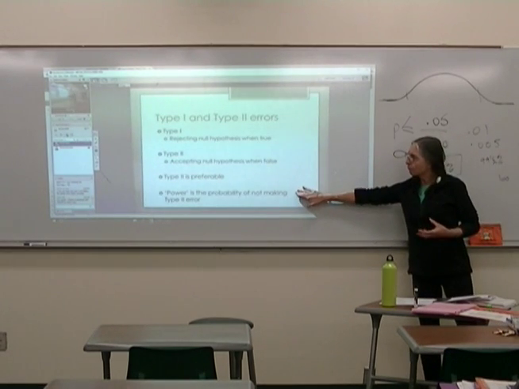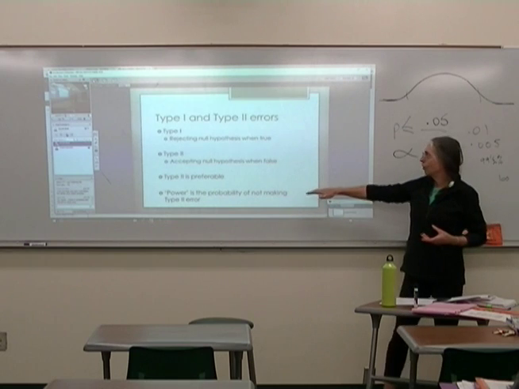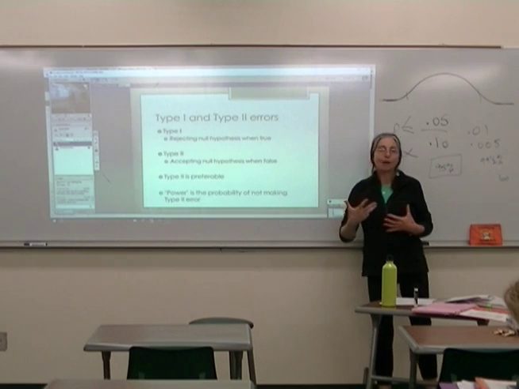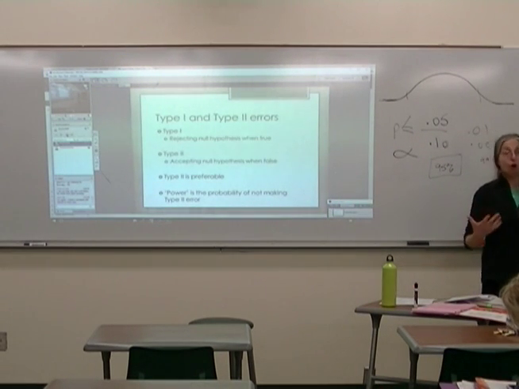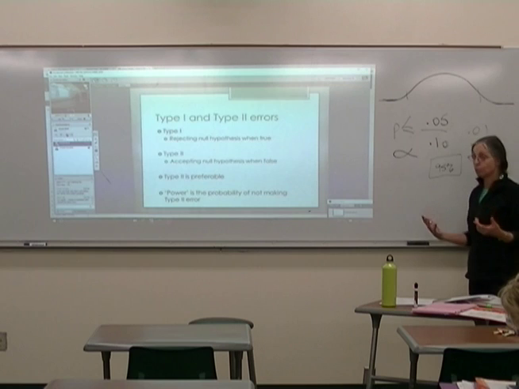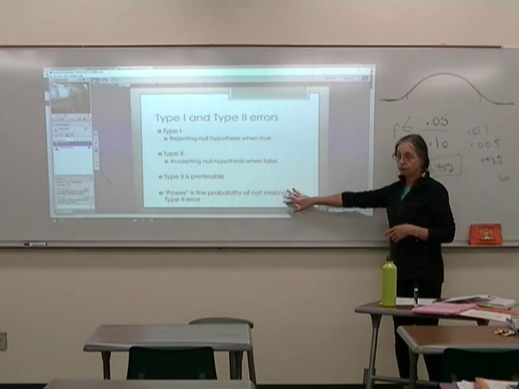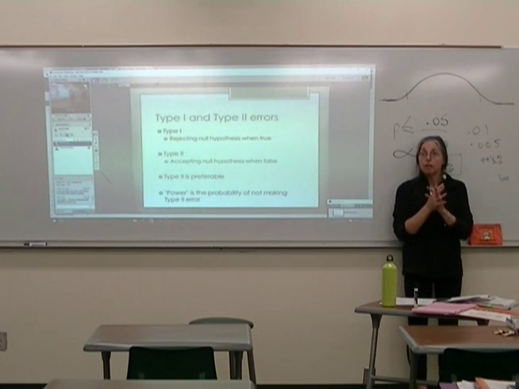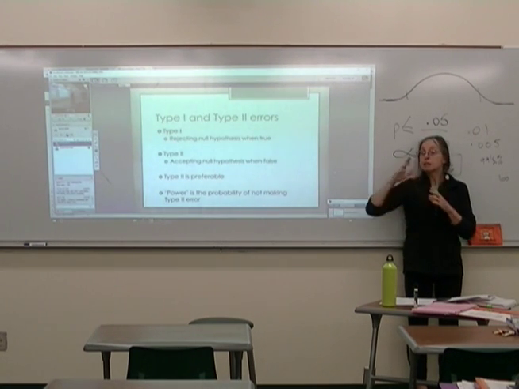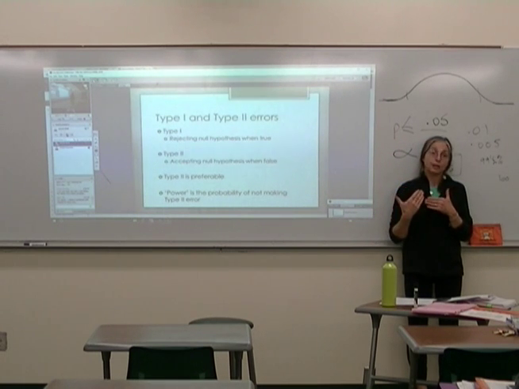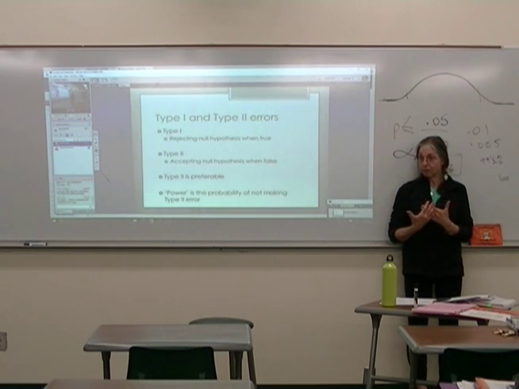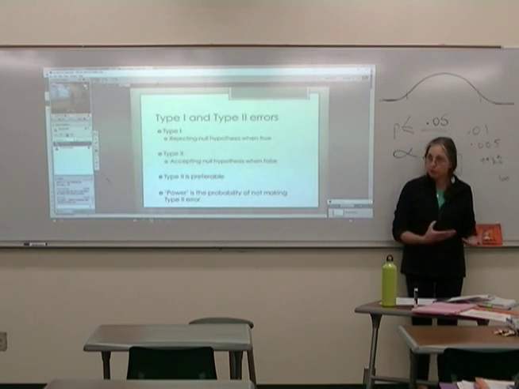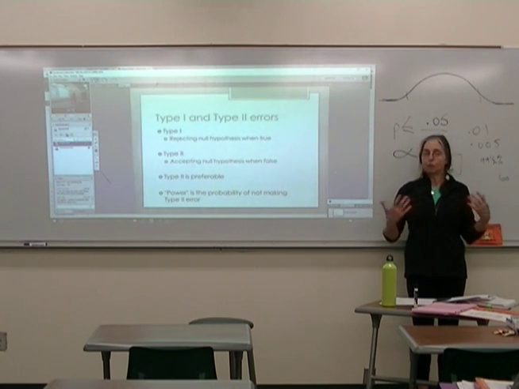So power means that you're less likely to make this type 2 error. The more powerful the data is, often power is dictated by the number of participants, but not always, right? So you might see them say, we did not meet significance, although the trend in the data was towards significance, and we believe if we increase the power of the study, we would find significance if we reran it.